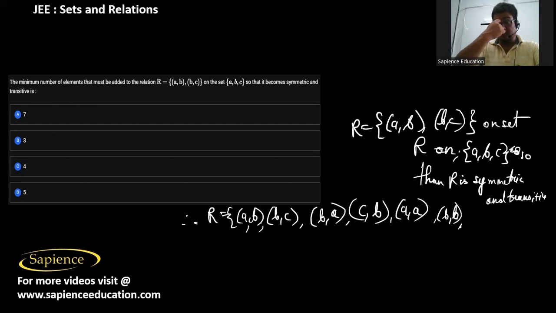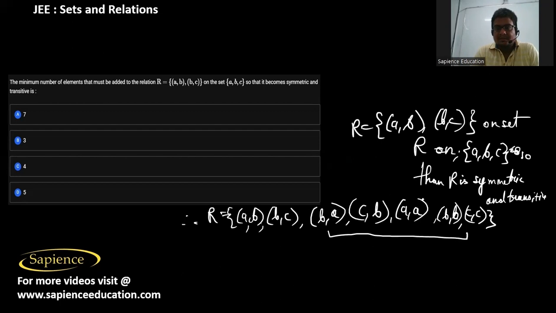And C comma B and B comma C is there, so C comma C also should be there. So these elements we have to add.